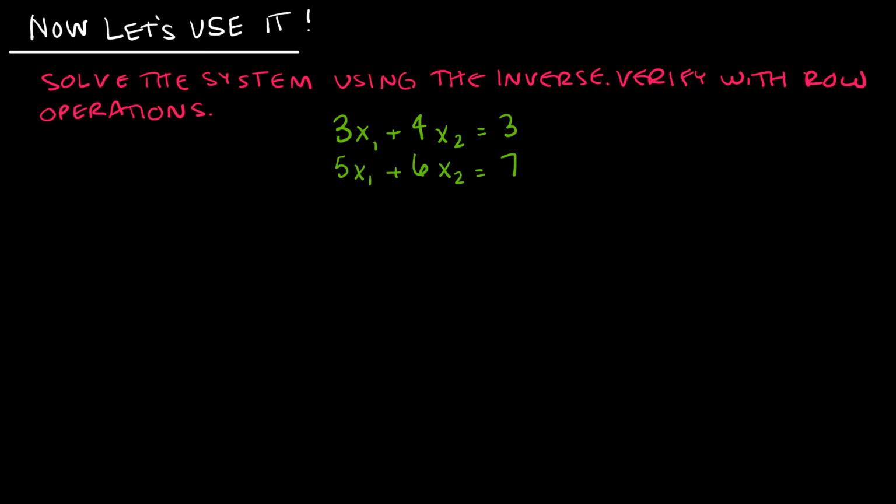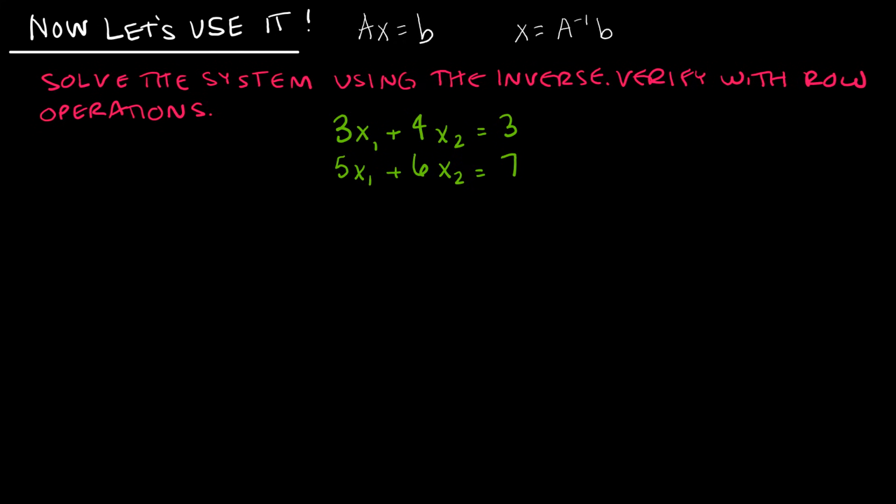Now that we have learned the theorem and proved it to be true, let's go ahead and solve the system using the inverse. Just as a reminder, we want to write our system as a matrix equation. And then we know that the solution to our system is going to be the inverse of A times b.